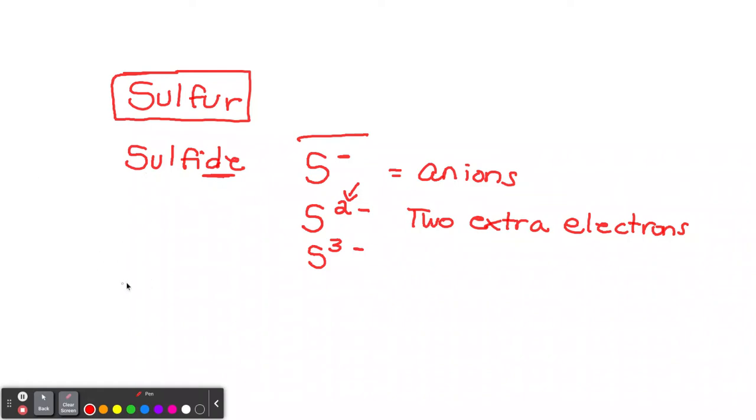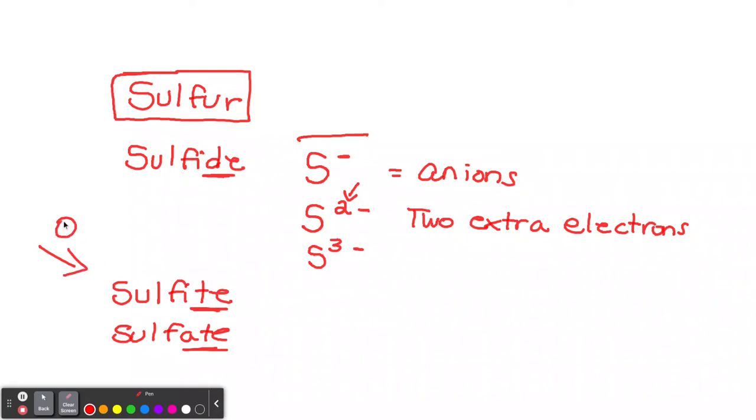Now, if we have "ite," sulfite, what you've got to remember with sulfite, "ite," and sulfate, "ate," is that it means there's oxygen present, right? So anytime you see the "ite" and the "ate," you're dealing with oxygen. So sulfite would have sulfur. It has oxygen, like I said.